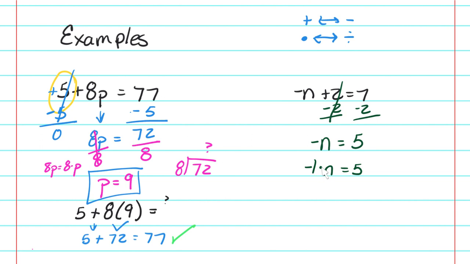The inverse operation would be to divide by negative 1. So if I divide by negative 1 and I divide by negative 1, these will cancel out, and I will have n equals, and 5 divided by negative 1 is negative 5. So n equals negative 5.